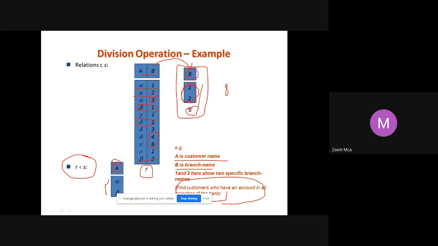We are going to perform R divided by S. Now this S is going to be such a table which is supposed to be a subset of R. That means one of the attributes of R you are going to take as your attribute in S. It may have all the values of that particular attribute. It may not have all the values, but it should have values which are there in R only. You cannot have a different value there. 1, 2, 3, 4, 6. These are the possible values for the attribute B.